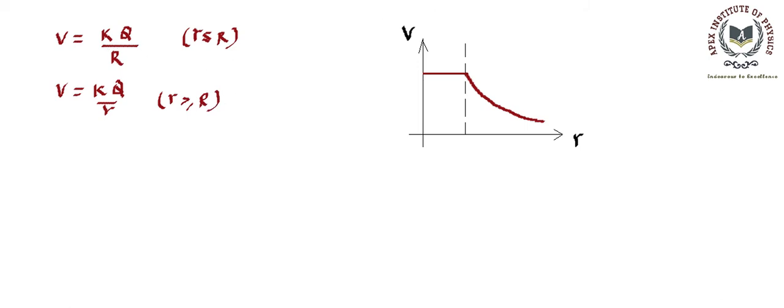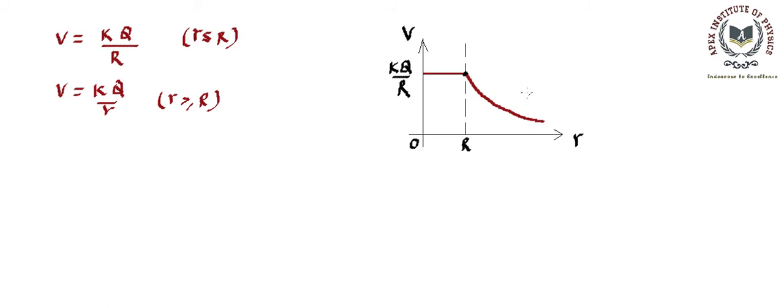In graphical representation it looks like this. This is the origin, that means the center point, and at the center point the potential will be kq upon capital R, and this potential remains constant all through till capital R. That means we are on the periphery or on the surface. On the surface it remains the same from both sides, so it's continuous. Later on it follows 1 upon r.